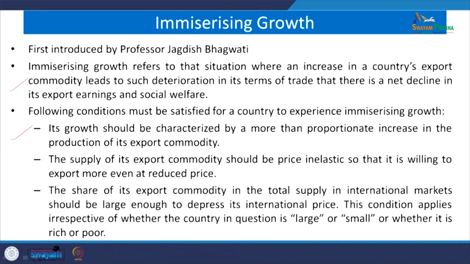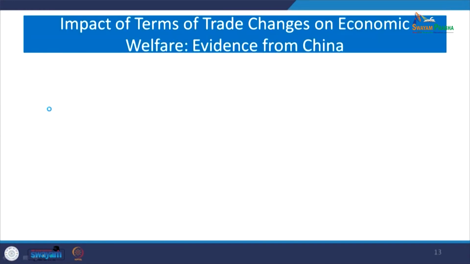They have less bargaining power in the international market, by which the export price over time is continually lower, and thereby it reduces welfare, because the net earning from trade is quite less. You can go through it, we have already discussed this earlier.